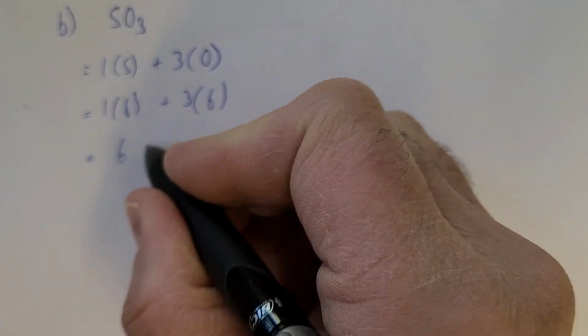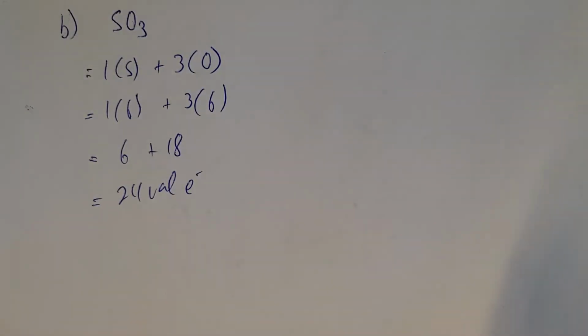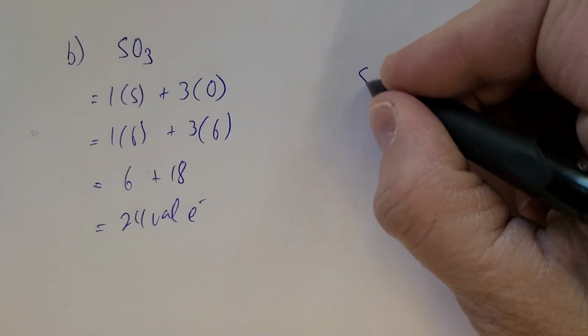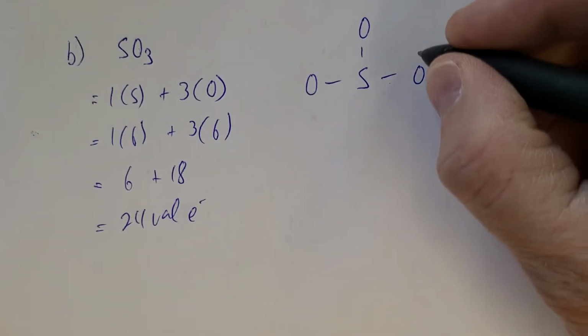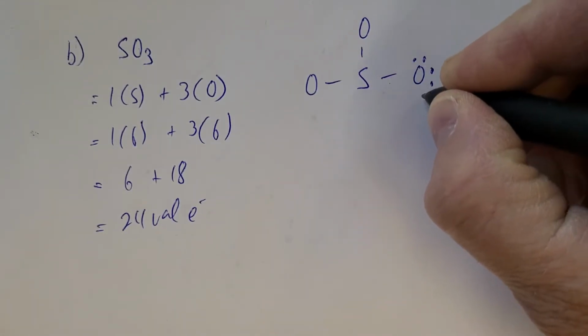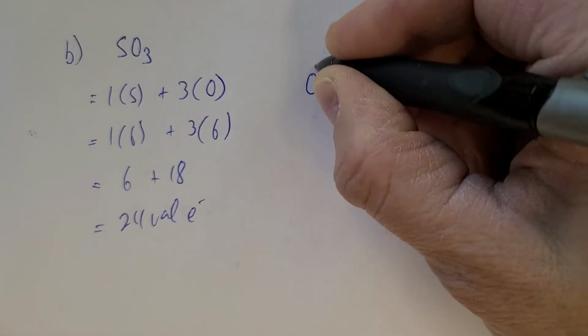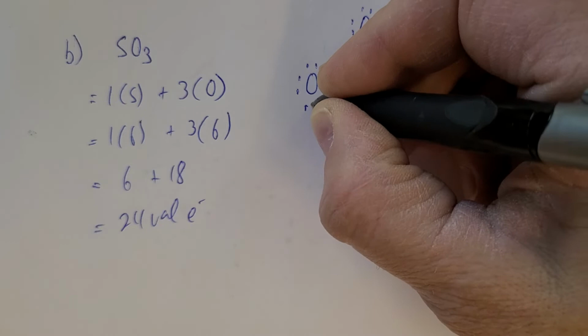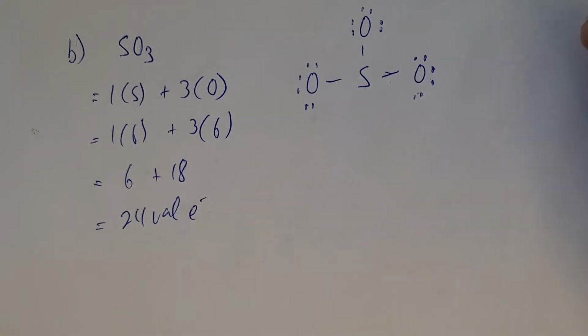So it's going to give us 6 plus 18, which is 24 valence electrons. And if I join that sulfur up to the 3 oxygens, and then put the extra electrons around those outer oxygens as one of the first steps, 2, 4, 6, 8, and 8 times 3 is 24, so this is what I get.